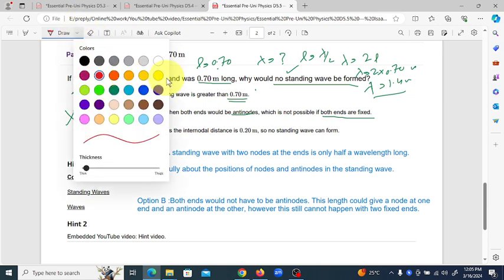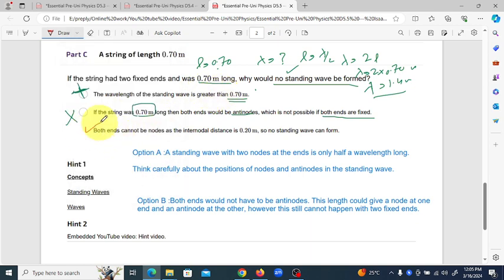Now the last one, option C, is the correct one. Both ends can't be antinodes, because when the string is fixed we have two nodes at the ends, and in the previous part the internodal distance was 0.20 meter. But in this case, for a string length of 0.70 meter, the wavelength must be 1.4 meter.